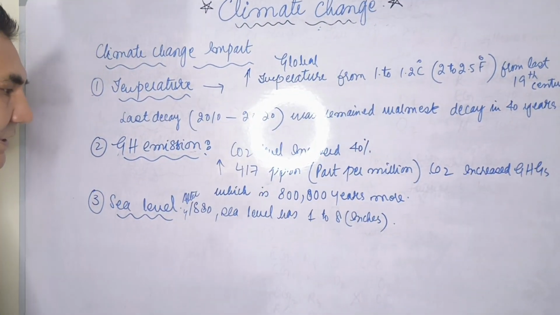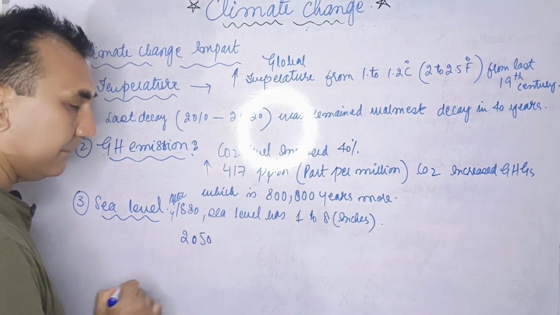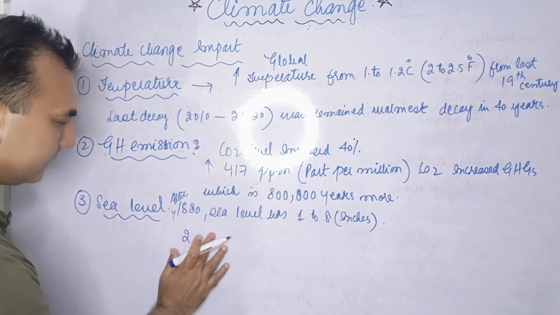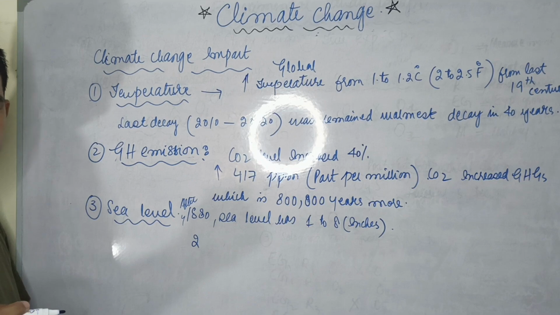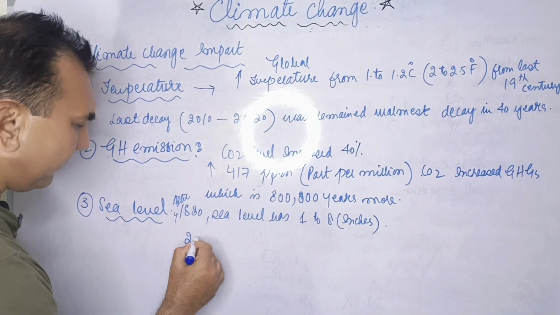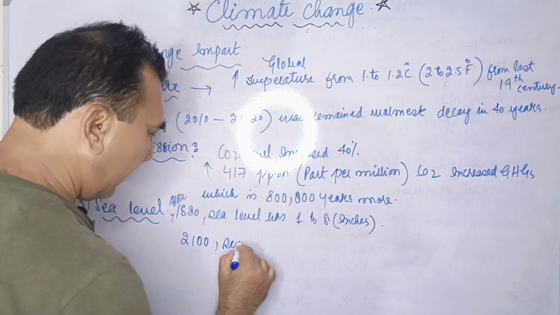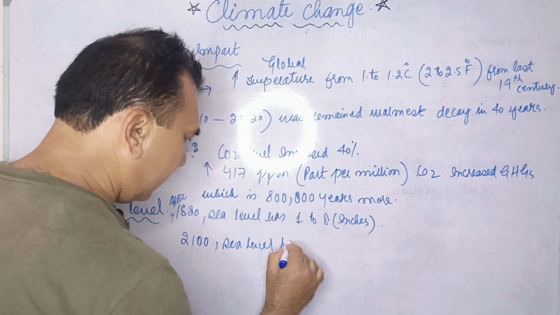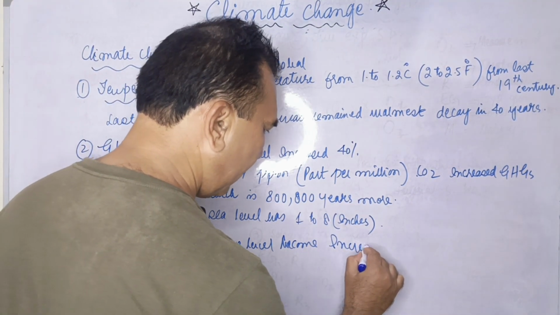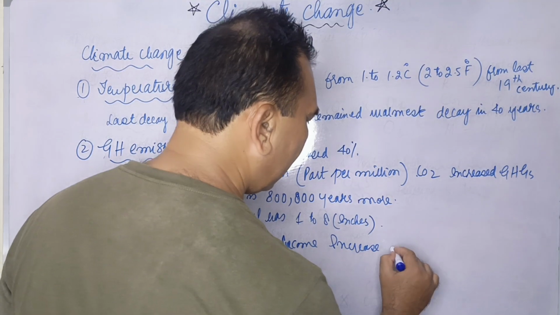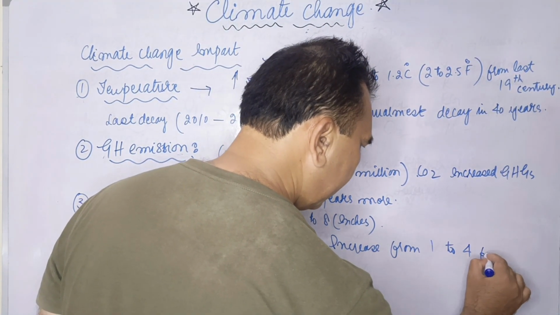Now the UN, the international agency, says that by 2050 or 2100, the sea level will increase by 1 to 4 feet.